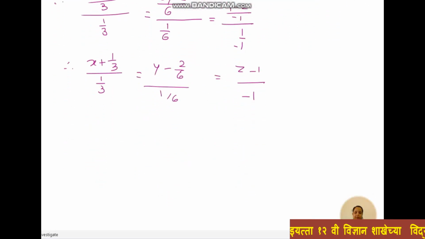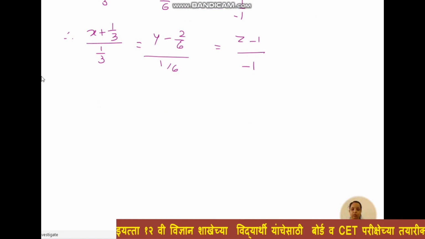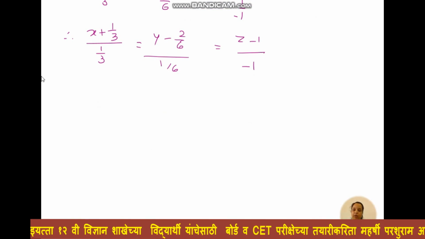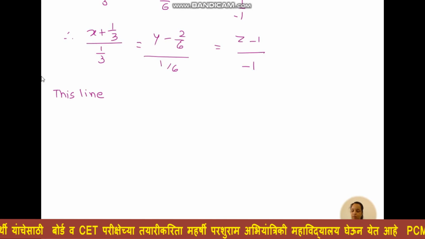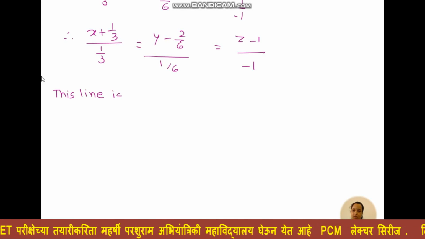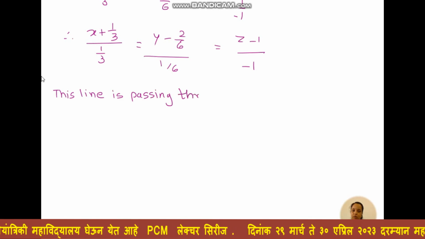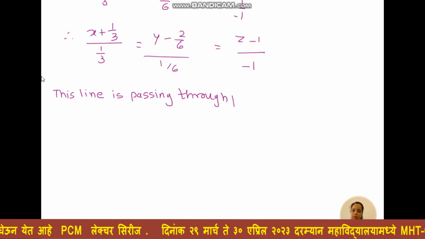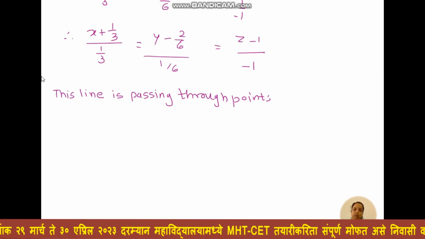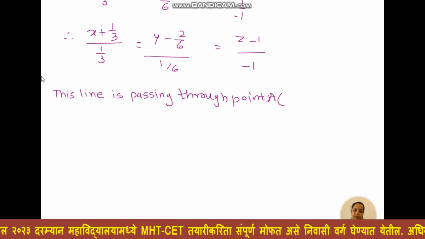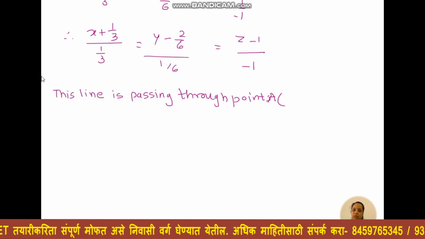Now, we interpret from this equation that this line is passing through point A. See how we are writing these points.